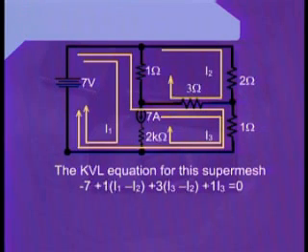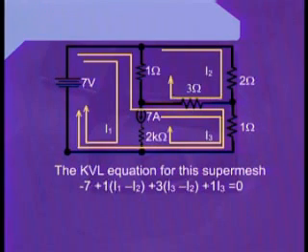Therefore, to complete the term for this resistance, we write +1, due to the value of the resistance 1 ohm, into I1, because we are concentrating upon the super mesh, which has current I1 flowing through it, minus I2, because I2 is the current flowing through the neighboring mesh. Therefore, the net current flowing through the 1 ohm resistance will be I1 minus I2.